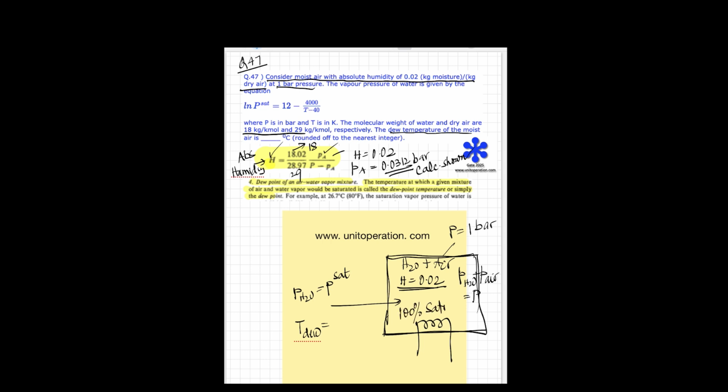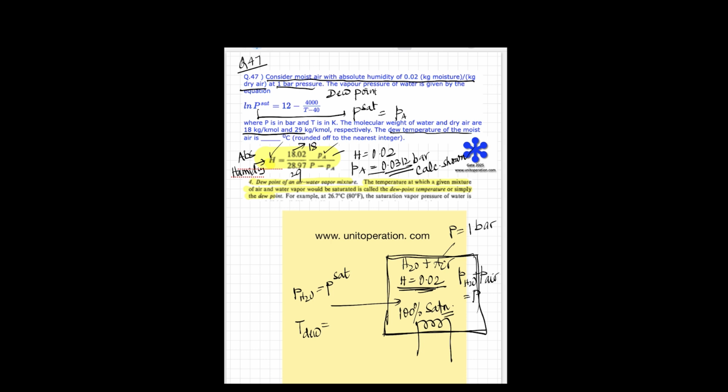So that part is easy. Now to find the dew point, what we do is put P sat equal to PA, which is this one right here. So we say at what temperature this PA would be equal to the saturation pressure.